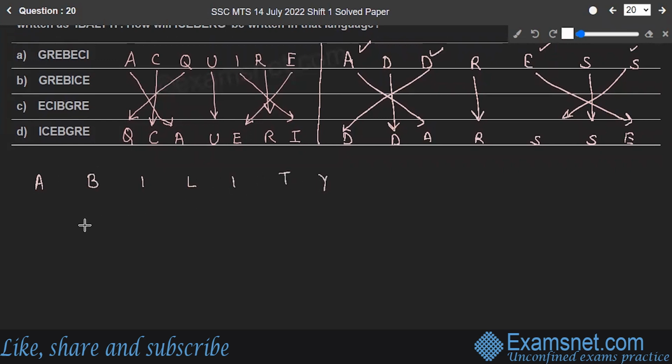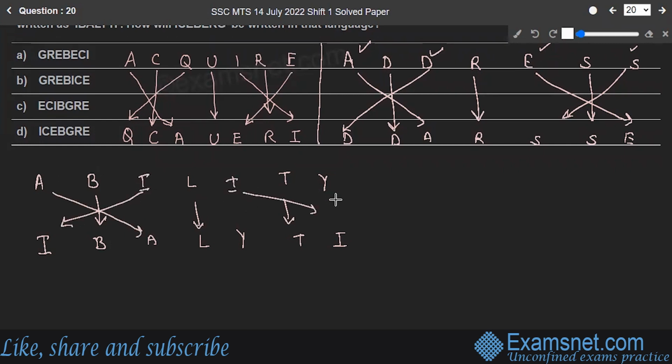ABILITY. Ability is changed to IBALYTI. So B remains the same, L remains the same, T remains the same. A and I have interchanged their positions. I and Y interchange their positions. So now it's pretty easy, right? We got our pattern.